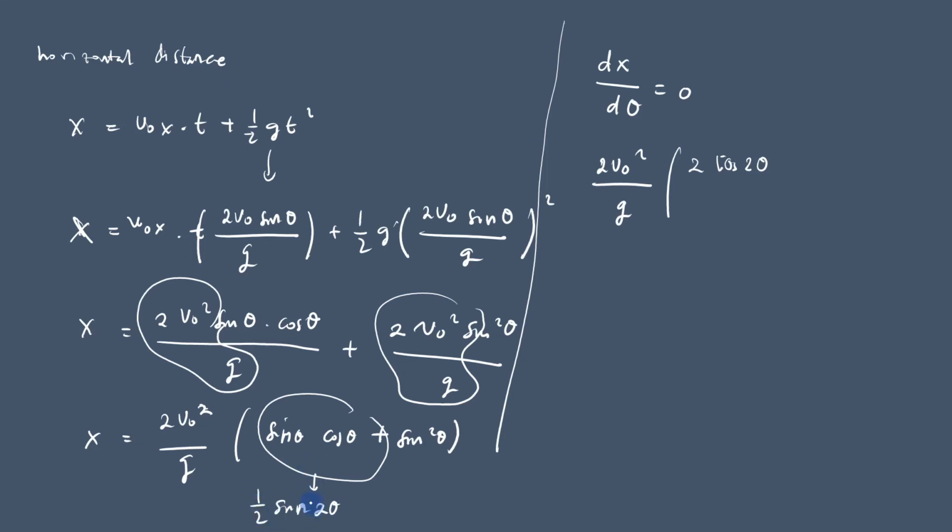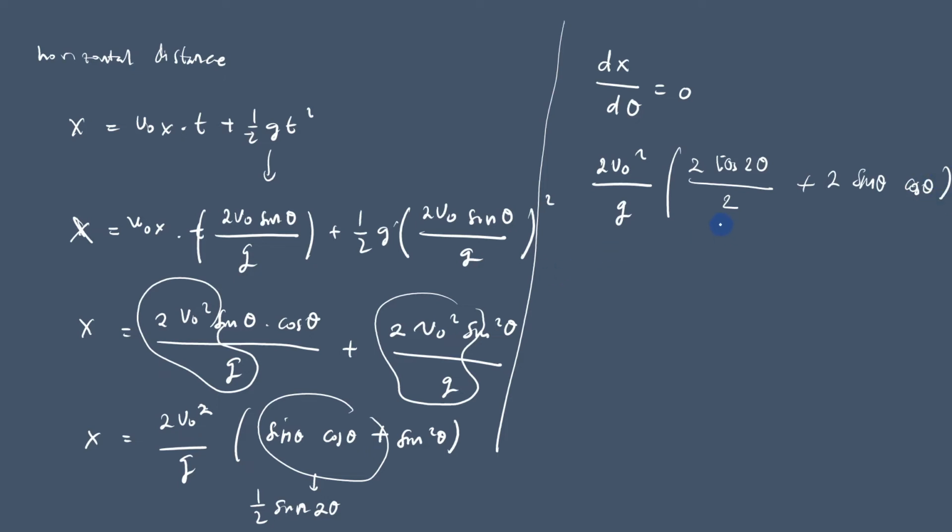Okay, and we can differentiate this term, and we get this term divided by 2. Of course, and this term we can differentiate like this, 2 sine theta cos theta.